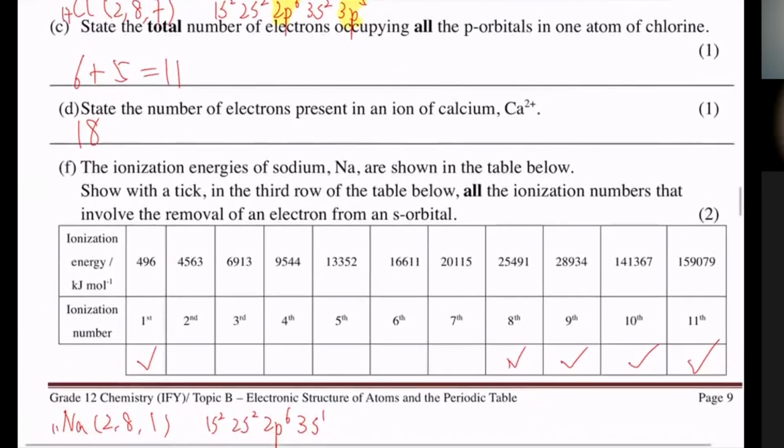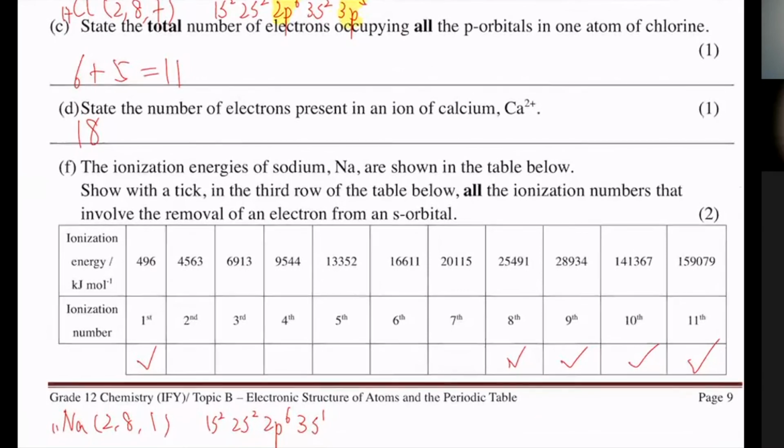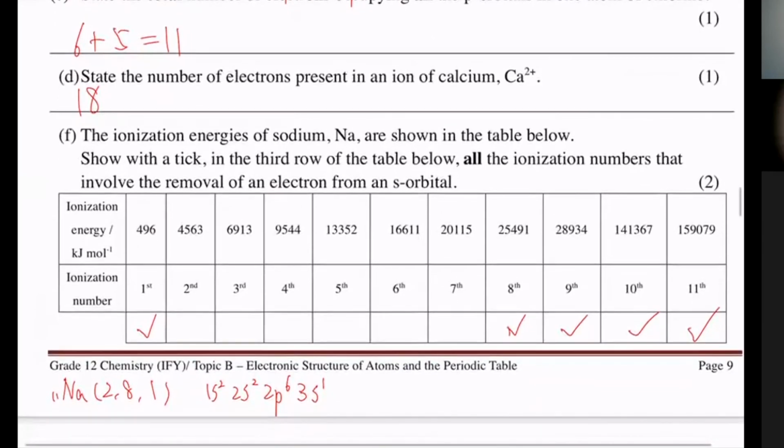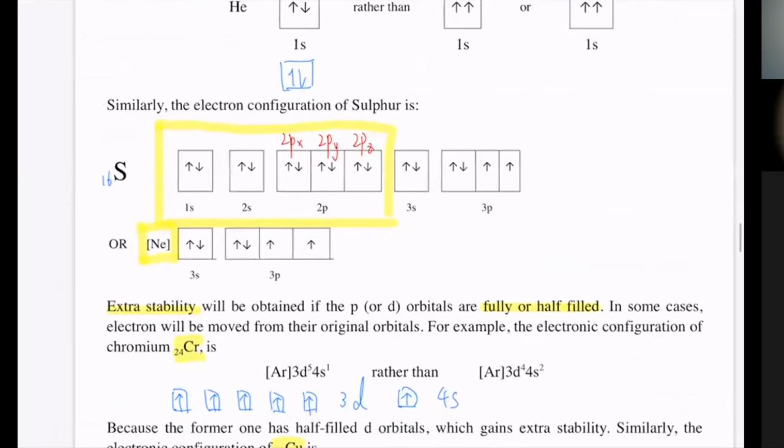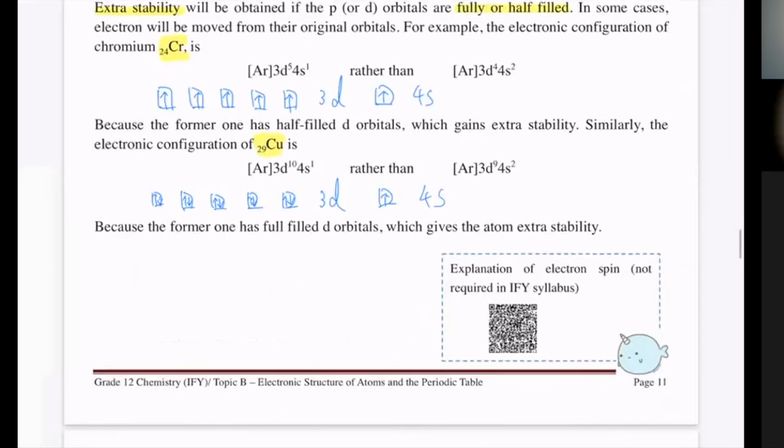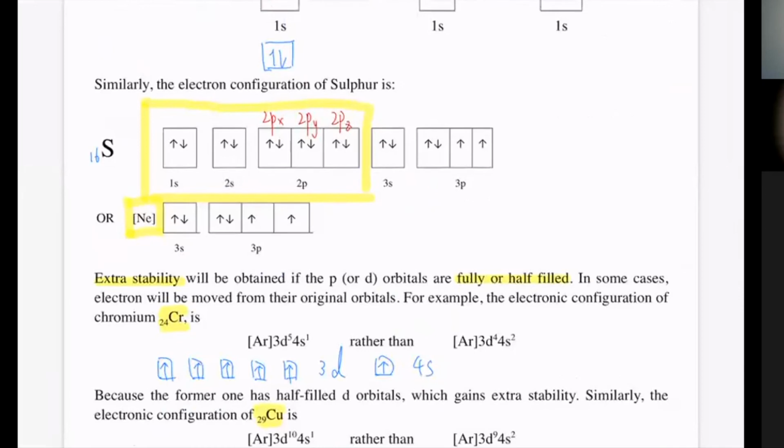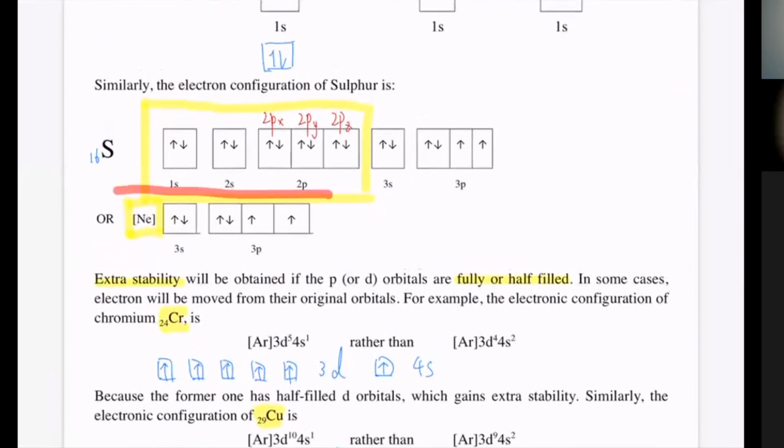Yes, what's the question, Larissa? For the neon one on page 11. Yeah. Okay. I don't know why you have to add 3s and 3p because isn't neon like 10 electrons? Yep. But this part as a whole, we are trying to represent the electron configuration for sulfur.